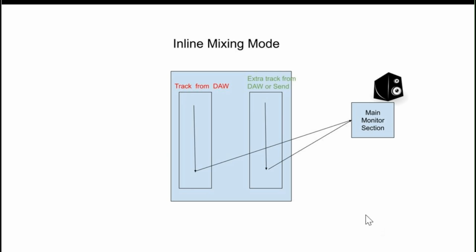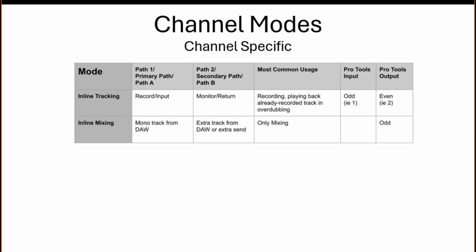I recommend only using this mode once you're comfortable with the modes and the SSL signal flow, and you need more than 24 channels to mix on the SSL, as you can certainly mix in tracking and stereo modes. In general, you'll send a mono output from Pro Tools to an odd number when you're in mixing mode. And again, I'm really simplifying this one.